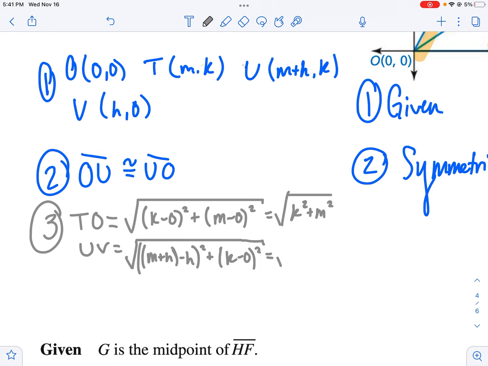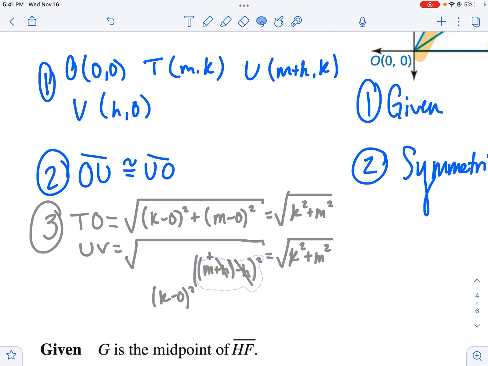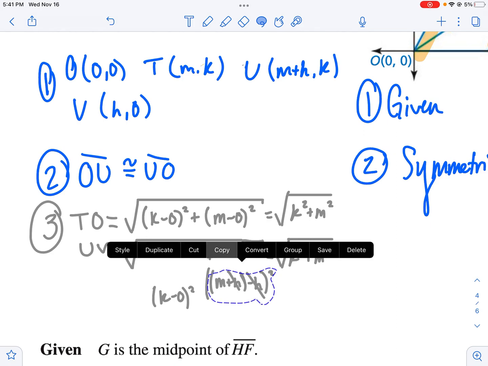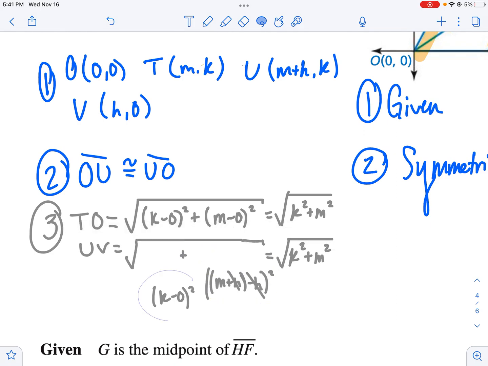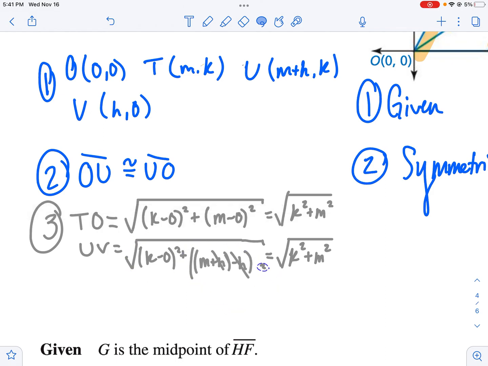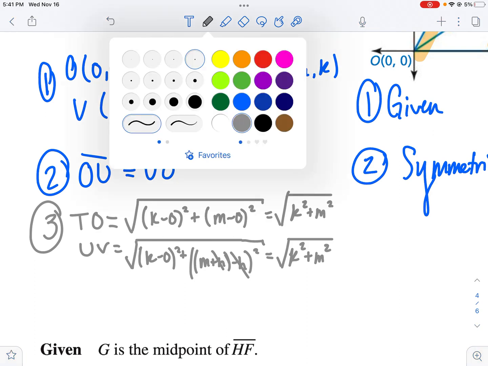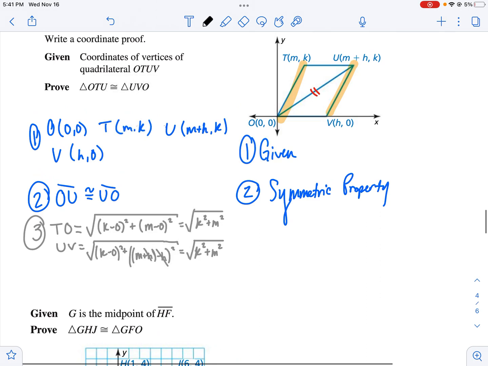And when I simplify this, the h's would reduce, and I would end up with k squared plus m squared, the same exact thing. So I've proven that those two sides, TO and UV, are equal.